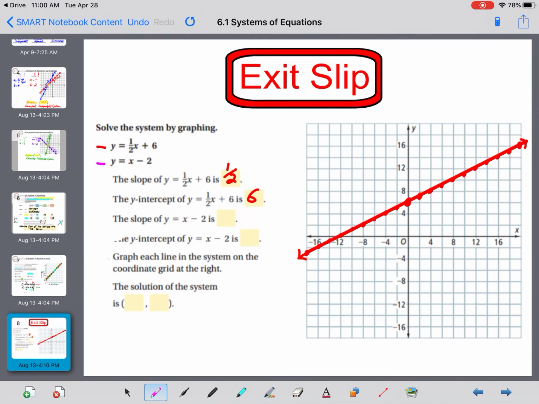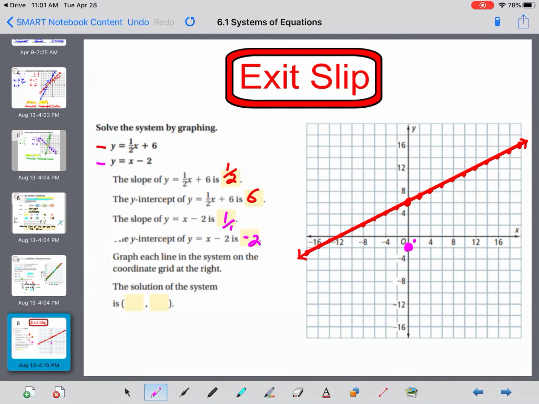Okay, change colors. Excuse me, my dog, if you can hear him, he's barking at squirrels through the front door. The slope of y equals x minus 2 is 1, or 1 over 1, and the y-intercept is negative 2. So go down 2 from the middle and put a point. Now I'm supposed to go up 1 and to the right 1 every time. Whoops, error on the first one.